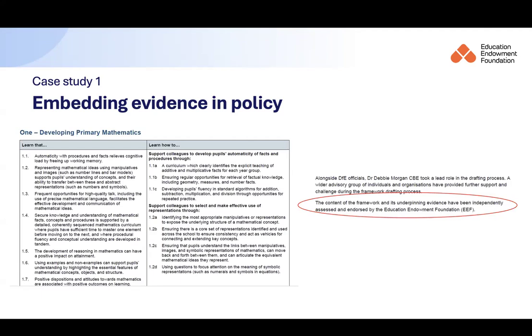And so the first case study is about how we've embedded evidence in policymaking in England. And I think this is a really nice example of how policymakers, evidence or researchers and practice can work in tandem to try and build sets of standards and build high quality practice into school systems.